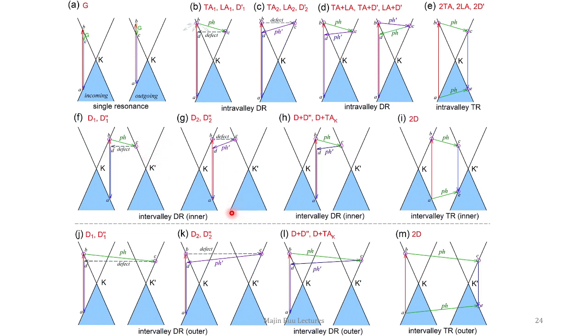Similarly, valence to conduction band and interaction with defect followed by phonon. Similarly, phonon-phonon interaction and a phonon-phonon triple resonance process. These all occur with respect to the inner intervalley process. On the other hand, you also have the outer intervalley process associated with the processes that are analogous to the ones that we had just discussed.